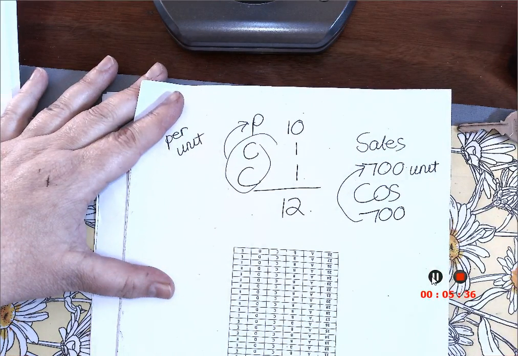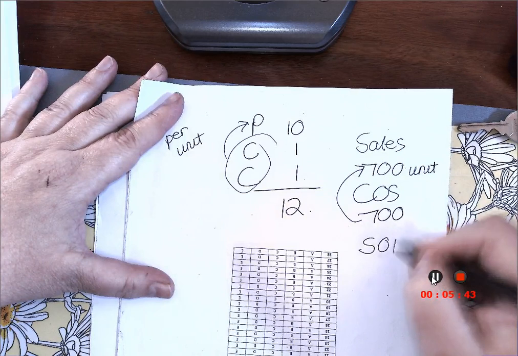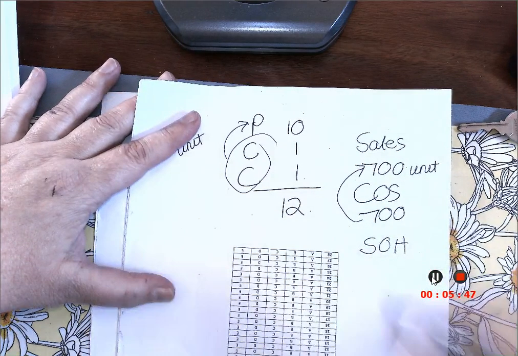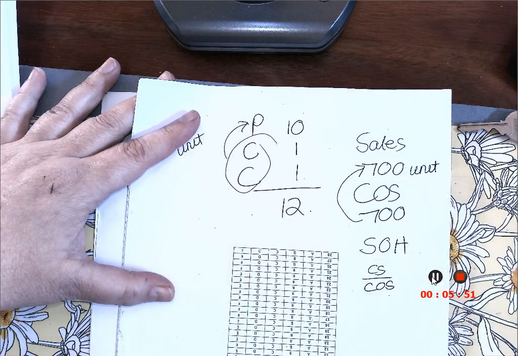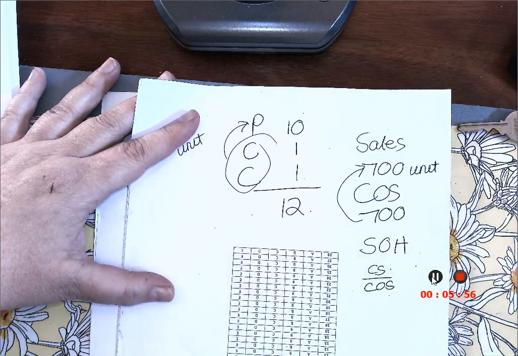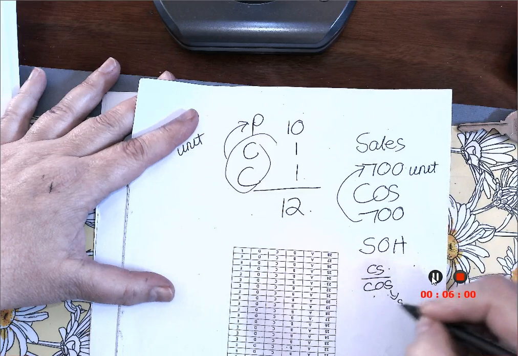So if they don't give you cost of sales units, and I'm now referring specifically to if you have to calculate stock on hand, then stock on hand is on top. It's your closing stock over cost of sales. So that closing stock would be the units that they tell you. You have 7 units left. The cost of sales would be the units of your sales.